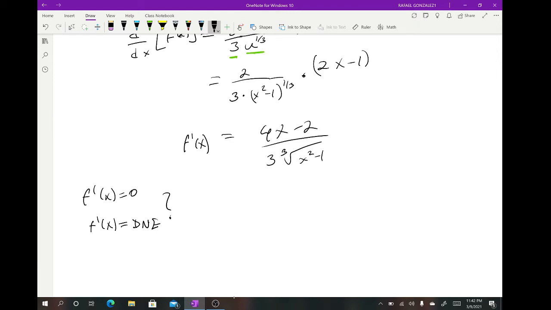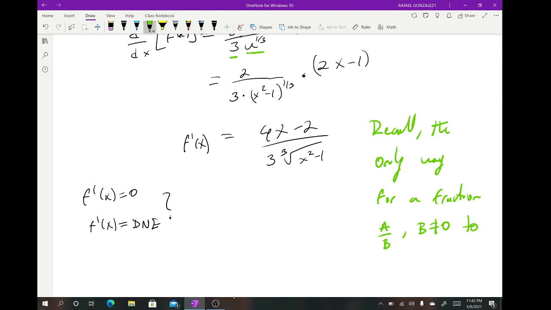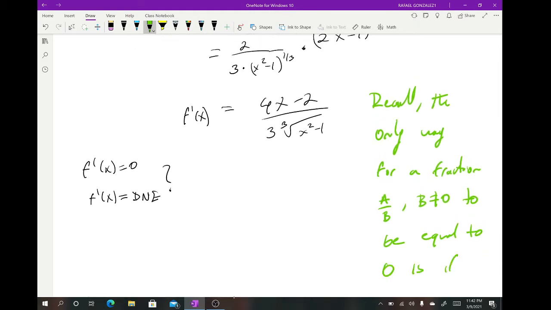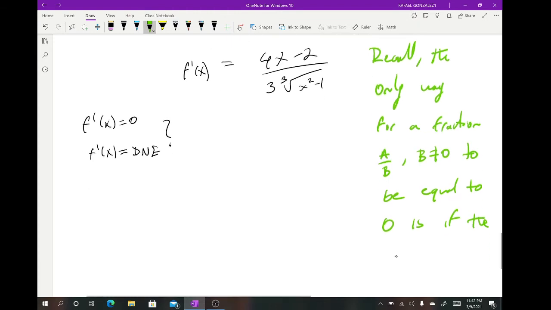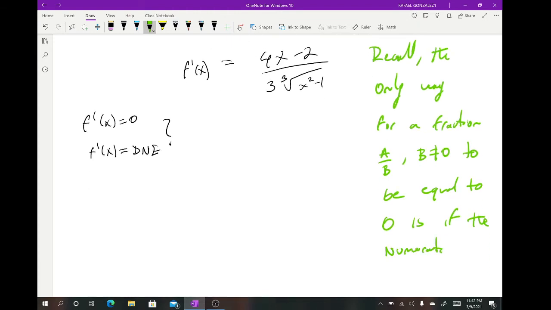Well, I mentioned this in passing a lot, but recall, the only way for a fraction of the form a over b, where b is not equal to 0, to be equal to 0 is if the numerator is 0.